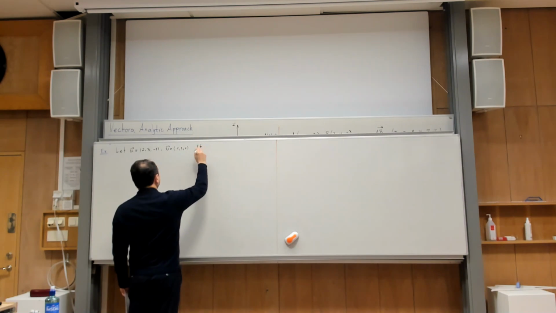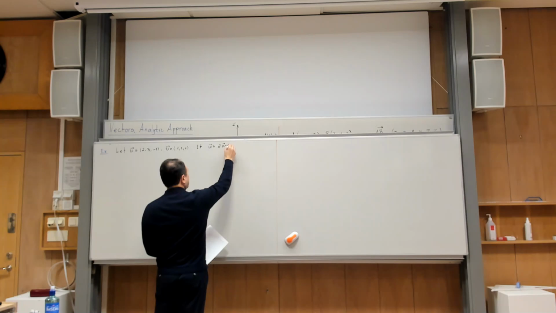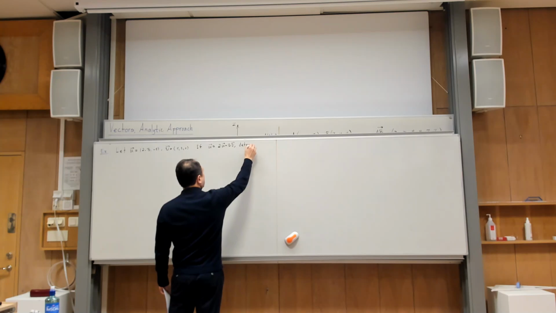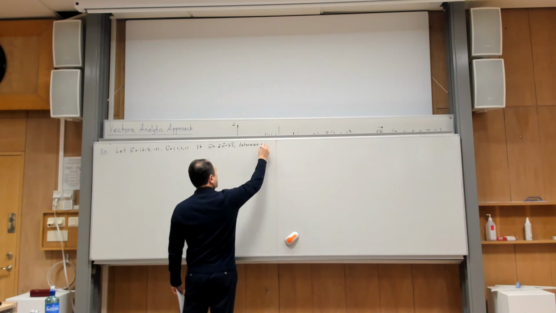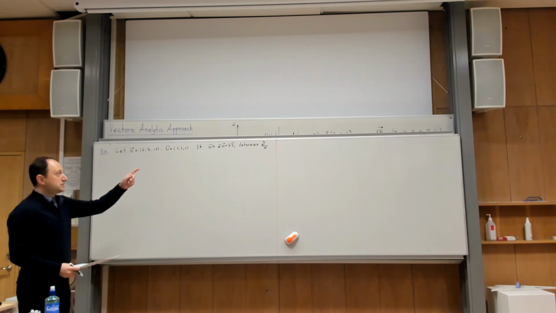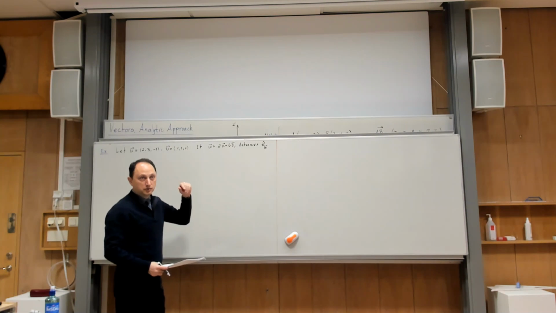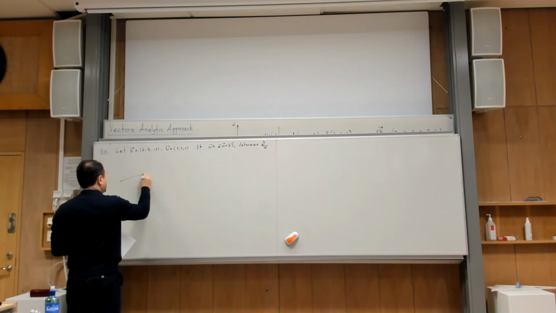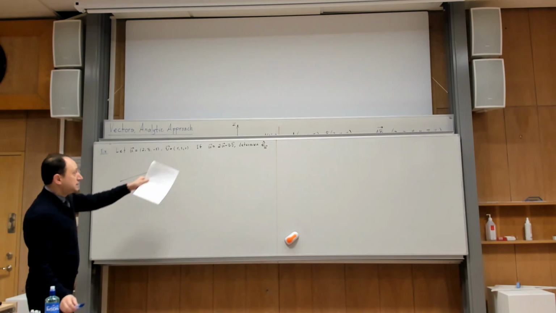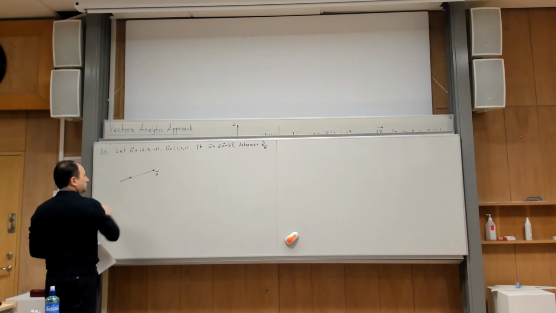If w is equal to 2u minus 3v, determine, do you remember this notation? E hat of w. That means, if you remember, the unit vector along w pointing in the same direction as w. So if the length of my vector is larger than 1, and I ask you what is E hat w, it means that is the unit vector on w, yes?